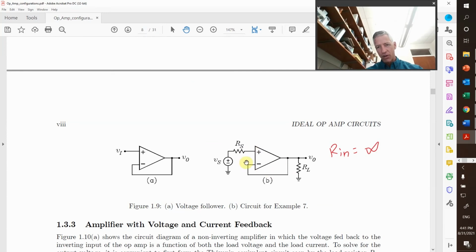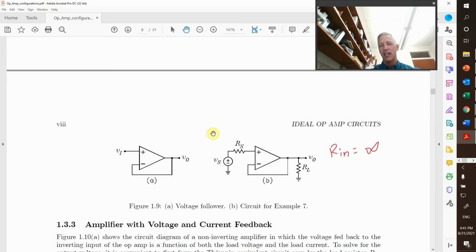So with the short across here, my output voltage is equal to my input voltage. So my V out equals V in. So it has unity gain. But the advantage here is that I can change my resistance here and it won't change my output resistance as long as my op amp is ideal.